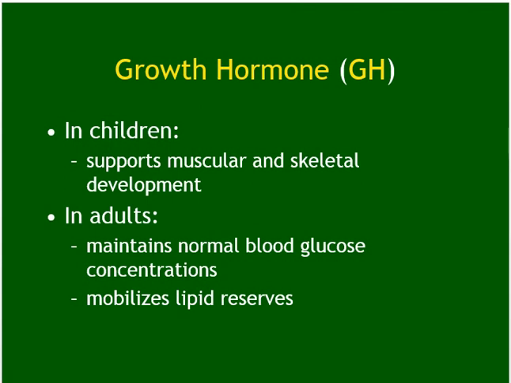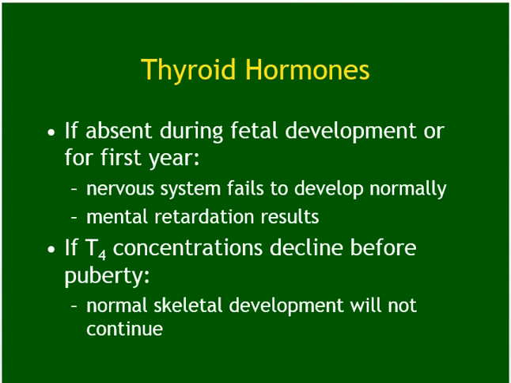Thyroid hormone is important for fetal development, as we mentioned before, and also the first year of life. We said that thyroid hormone is important for metabolism. This is in adults and children.